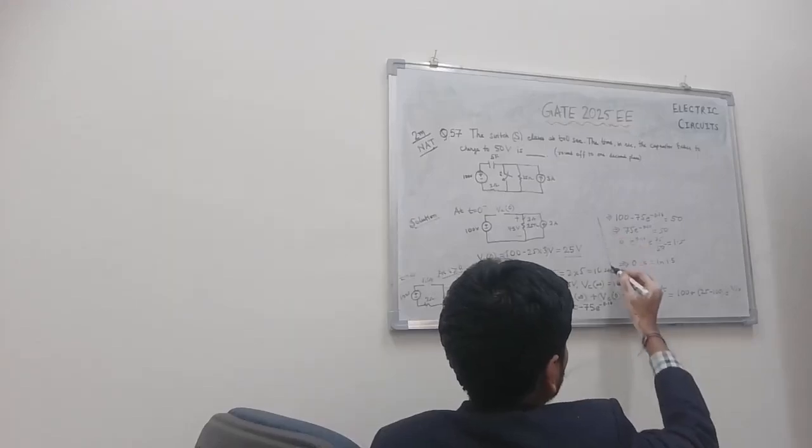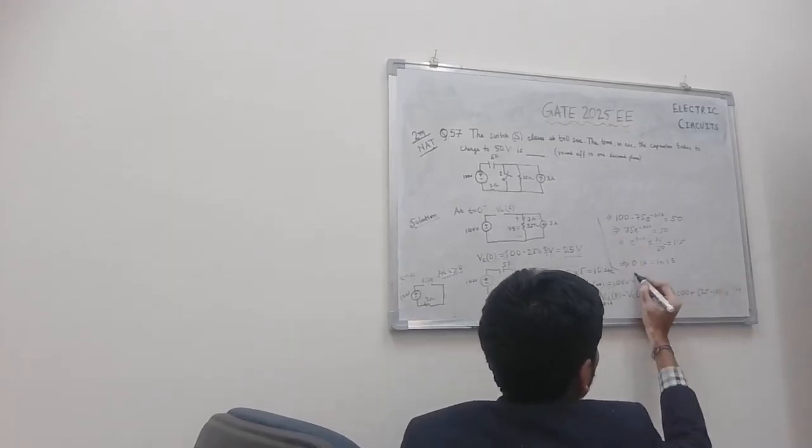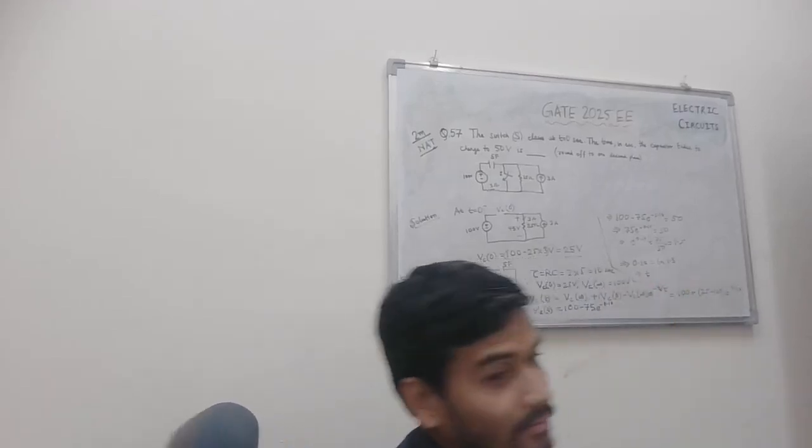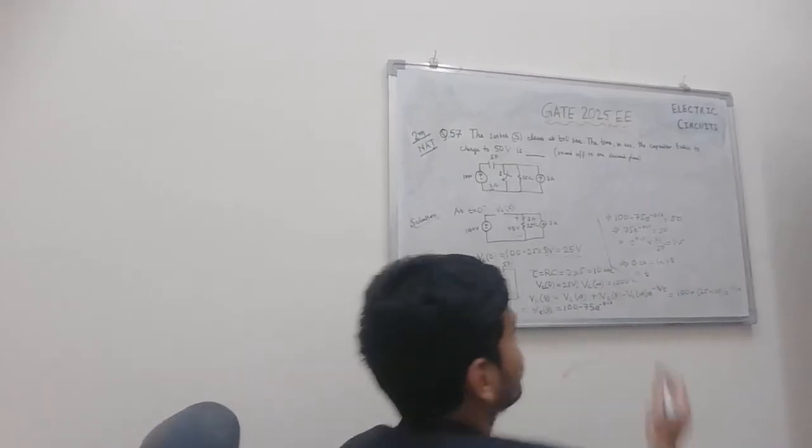After that, t will equal to 1 upon 0.1, that is 10, times ln 1.5.